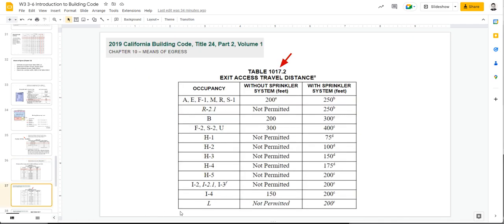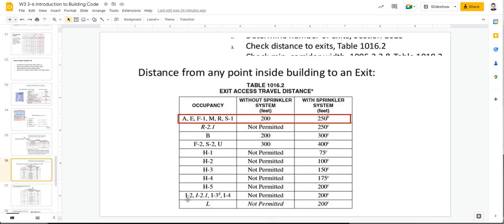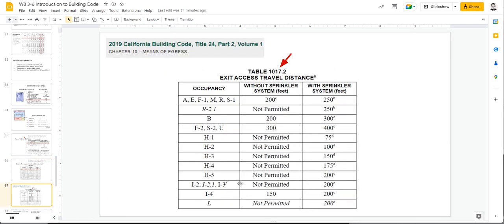We now have this institution that says 150 without a sprinkler, and increase it to 200 with sprinklers. But basically, you have 200, and 200 still here. So they're basically the same.